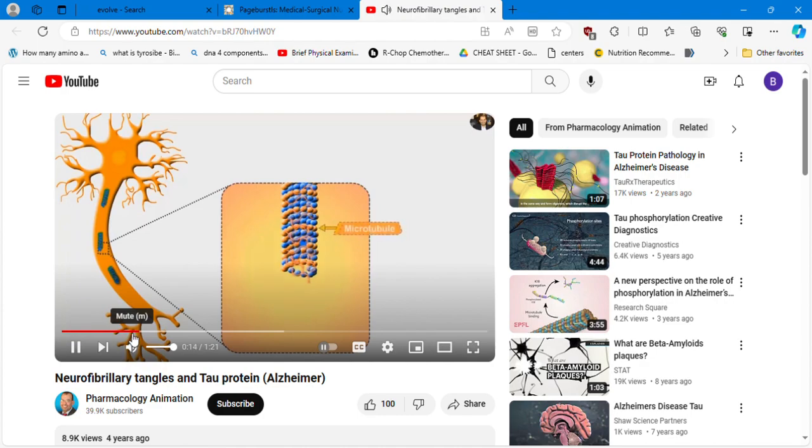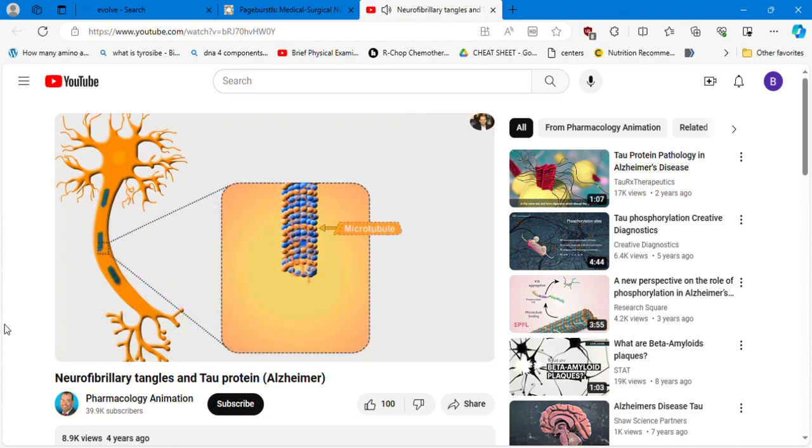As part of the cytoskeleton, microtubules play an important role in the formation of cell shape and transportation of important nutrients within the nerve cells. In healthy neurons, there is a natural protein called tau protein, which maintains the integrity of cellular microtubules. However, in Alzheimer's disease, the tau proteins are abnormally hyperphosphorylated.